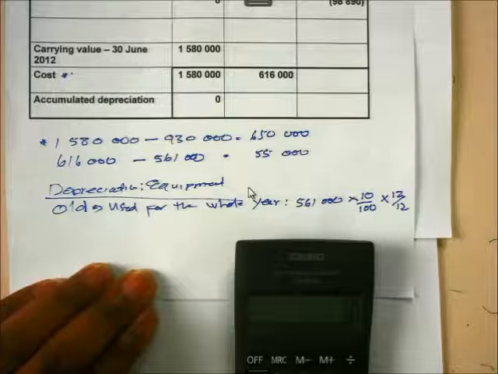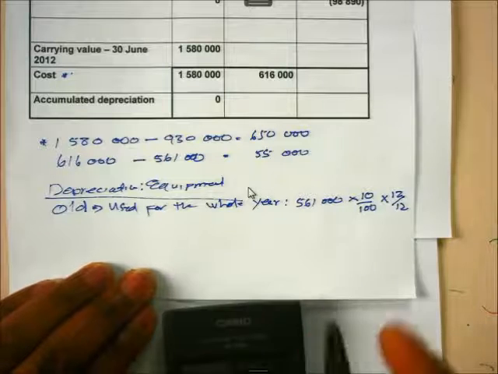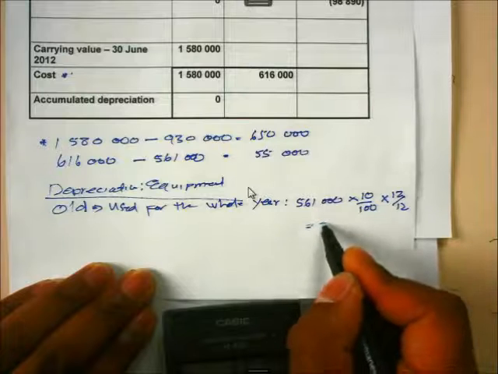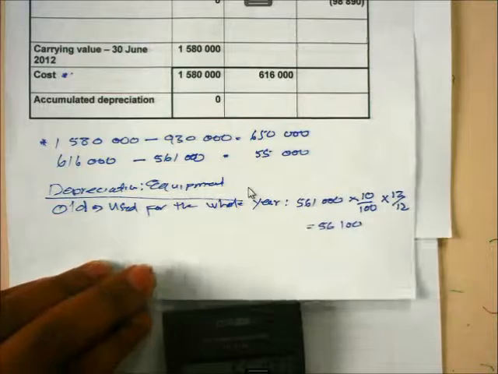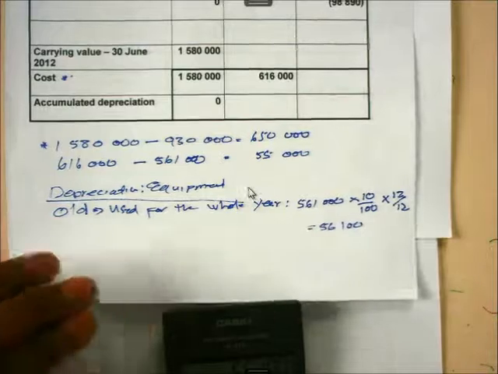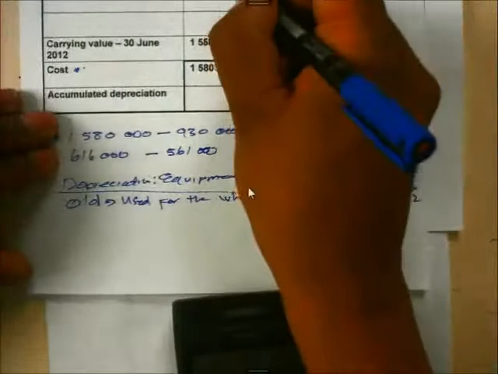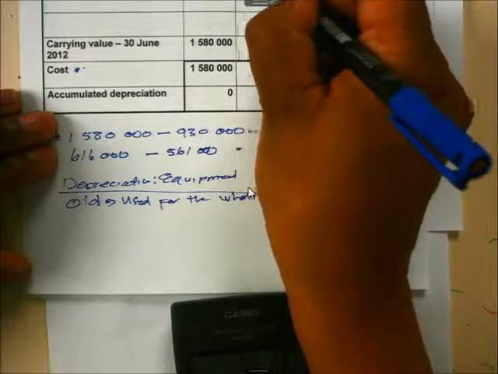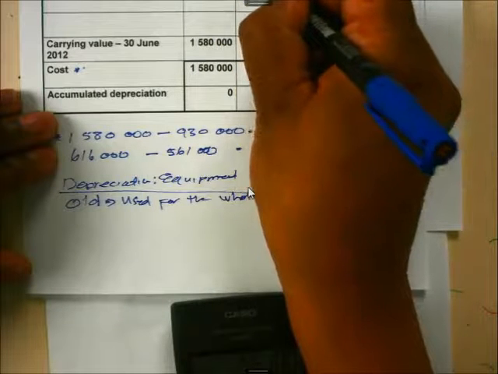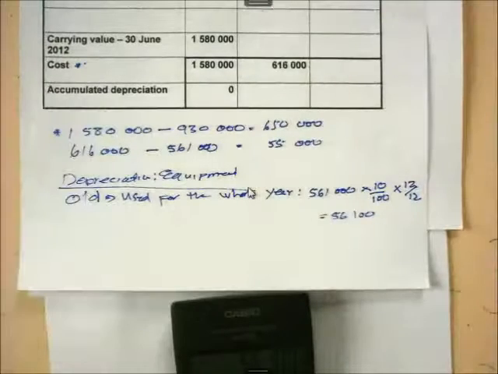But anyway, you have 561,000 multiplied by 10%. This gives us 56,100. Right? Let me put it here. 56,100. That is on the old equipment.